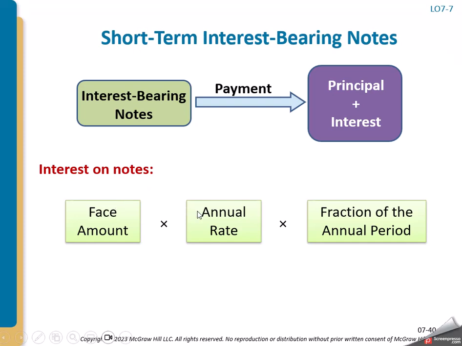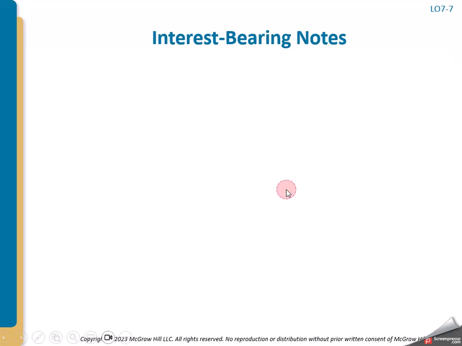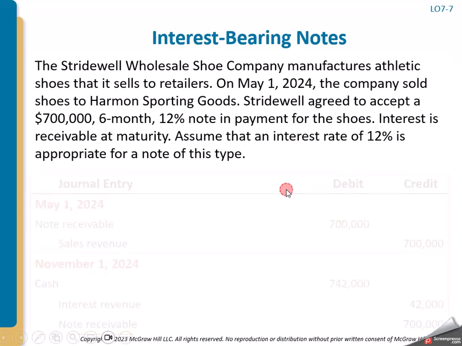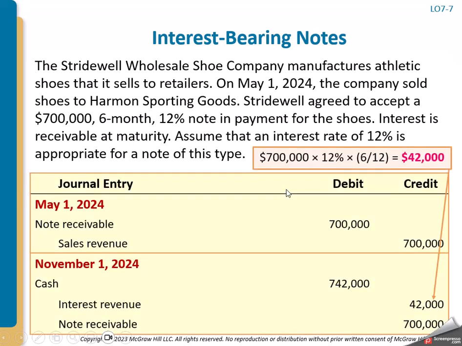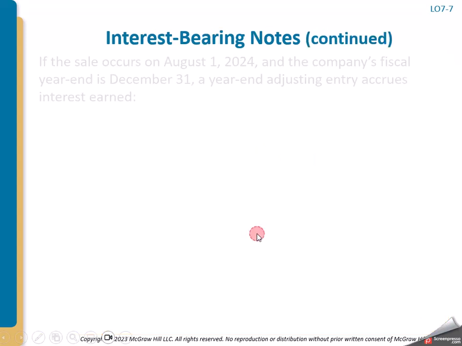So it's principal times rate times time. We'll calculate what that interest is, and then we will record it. They'll pay us principal plus interest at the end, but we're definitely going to segregate it to say it's the interest income or the interest revenue.